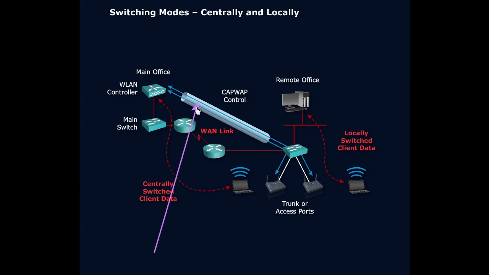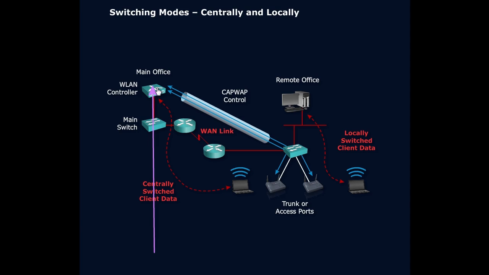And what we're going to do is create this trunk right here. This trunk is going to take my wireless traffic. As soon as it hits this AP, we are going to be tunneled all the way back to the main office wireless LAN controller, using our VLANs. Interesting, isn't it?